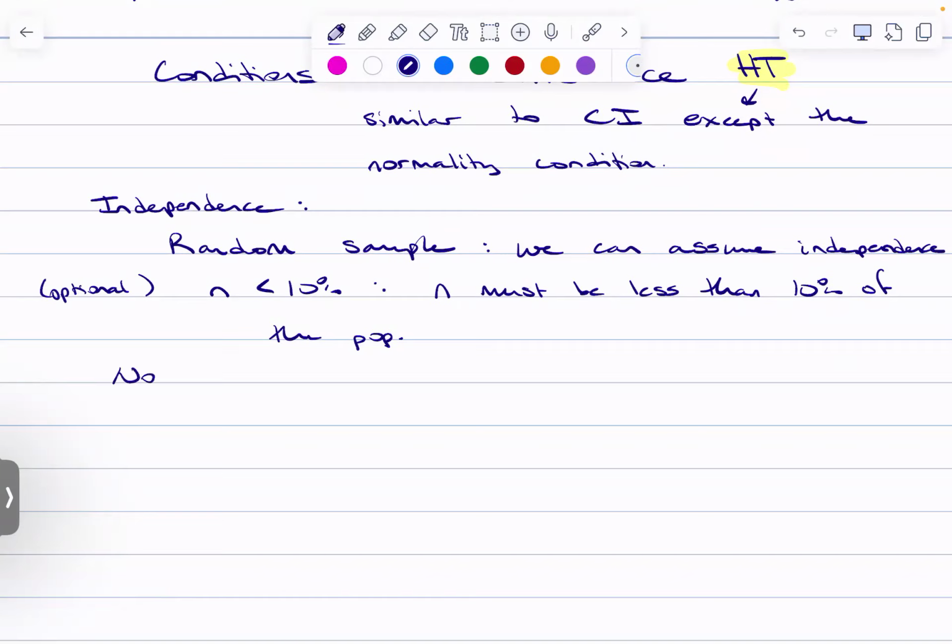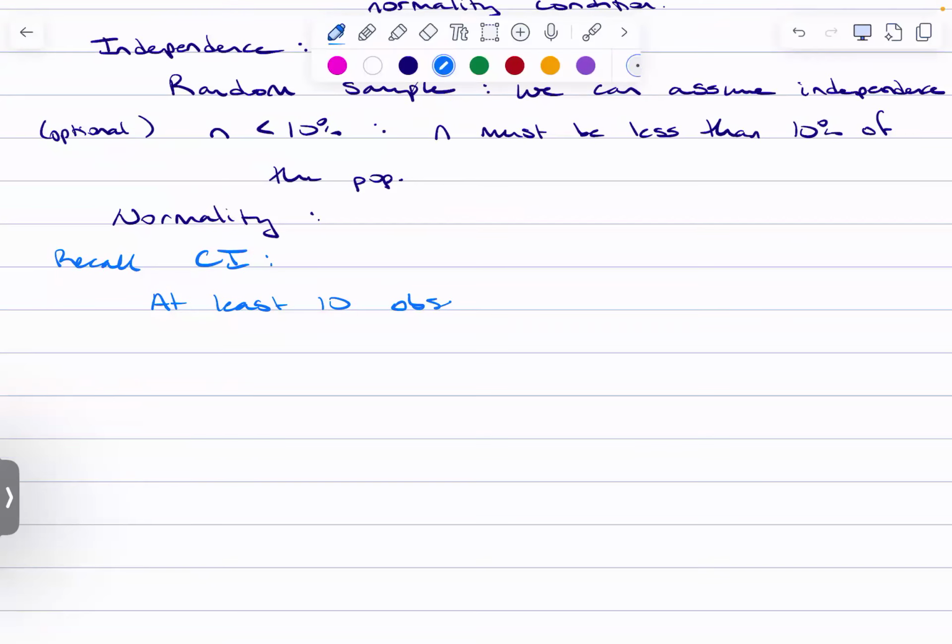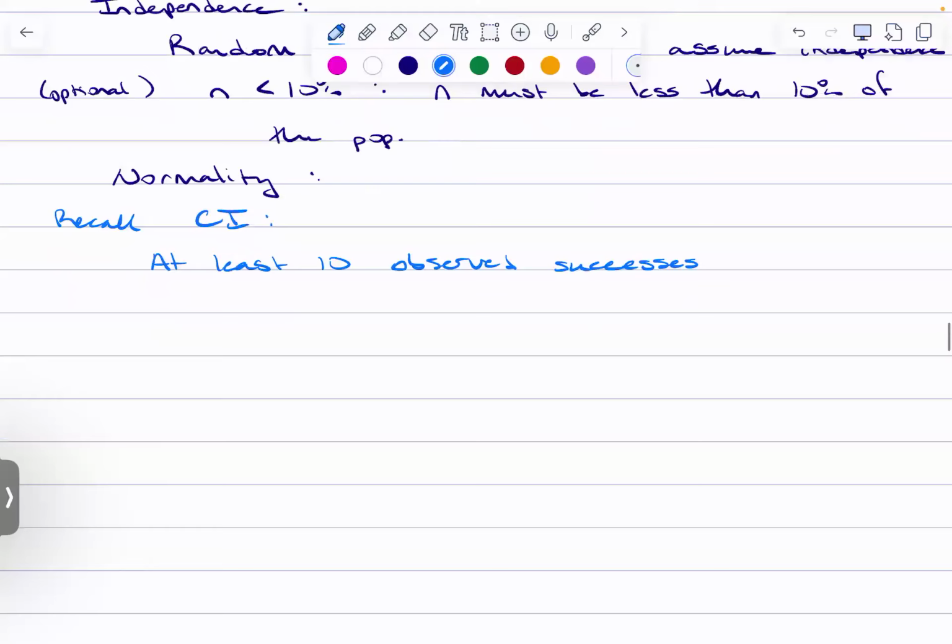Now, the normality condition is the slight change. Do you remember what it was? Recall for a confidence interval, the normality conditions were these. I need at least 10 observed successes and at least 10 observed failures. You can find X, the number of successes, or if you have n and p hat, those will be the same number.